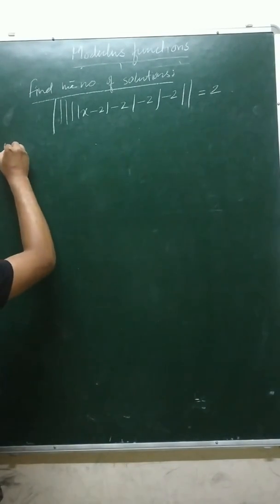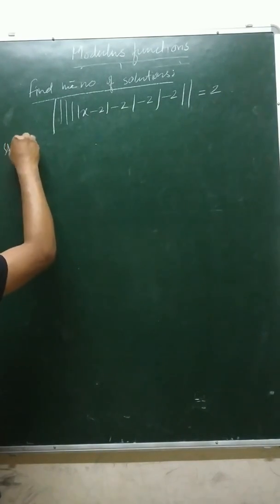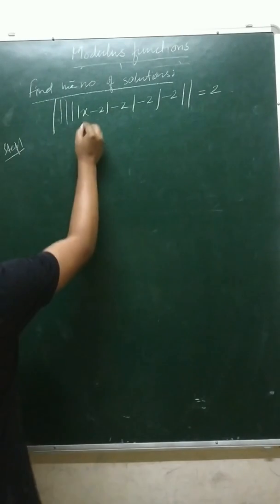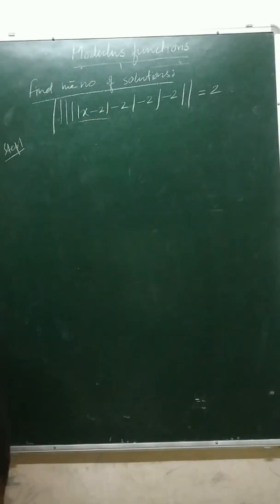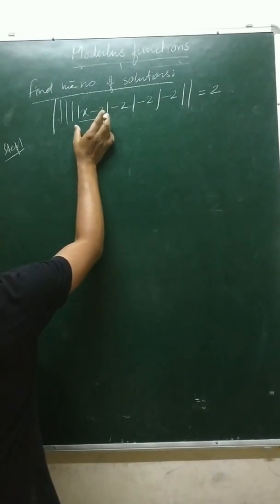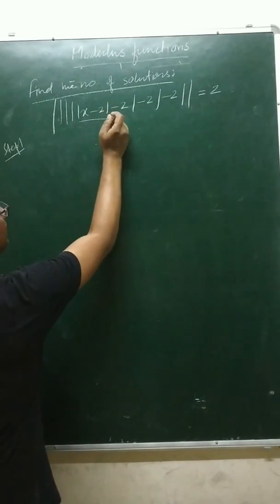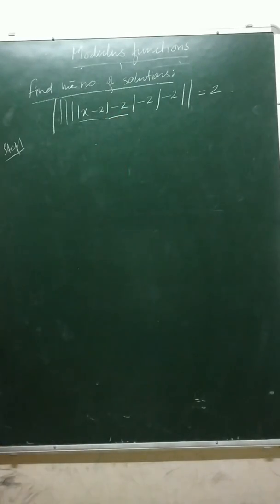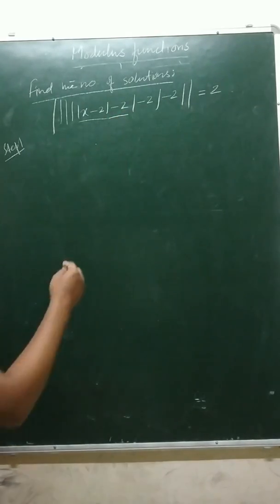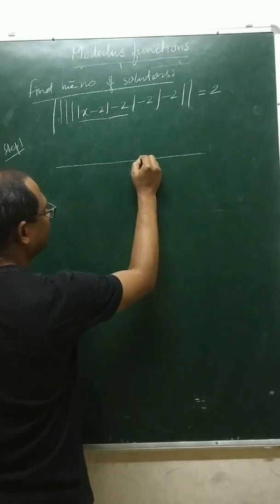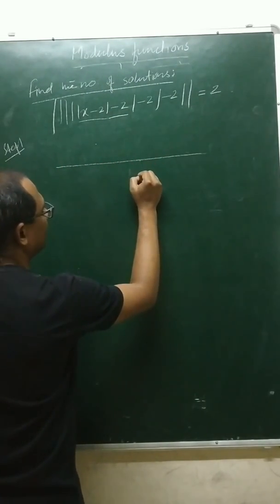Step 1. So we'll start with this part, modulus of x minus 2. You know this graph. Let us go one step ahead: modulus of x minus 2, minus 2. What will happen? The graph of modulus of x minus 2 shifts 2 units below.